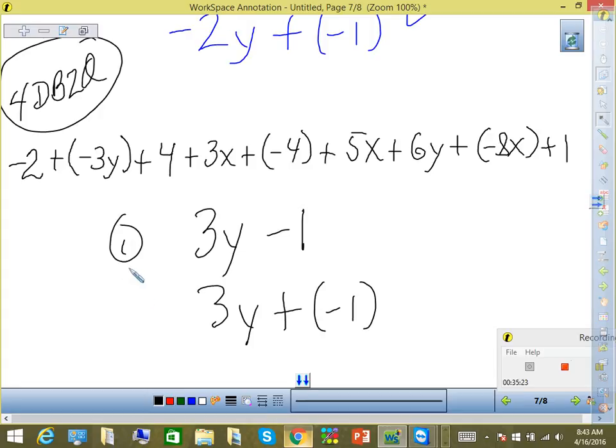So this is the first way, the second way, and the third way would be negative 1 plus 3y.